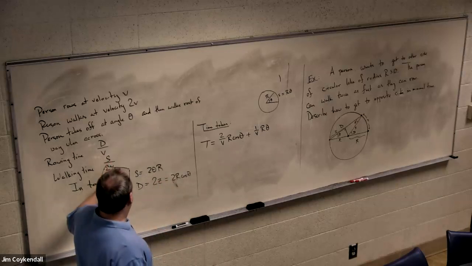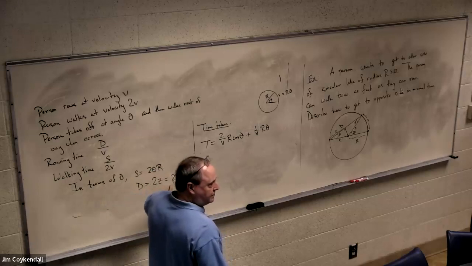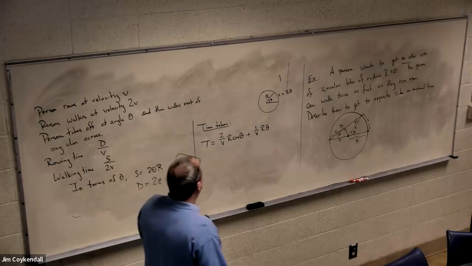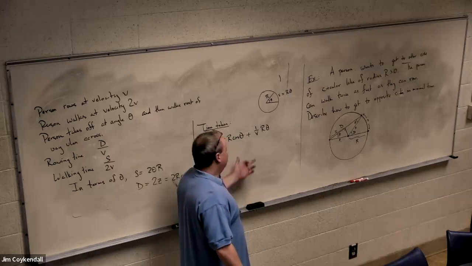So I divided my S by 2v and I divided my D by v. This is how much time it takes to get around the lake in terms of theta.